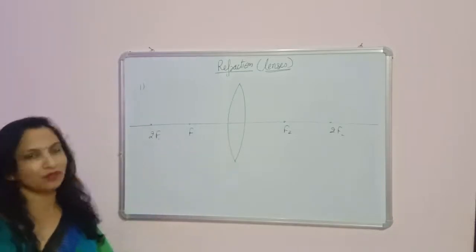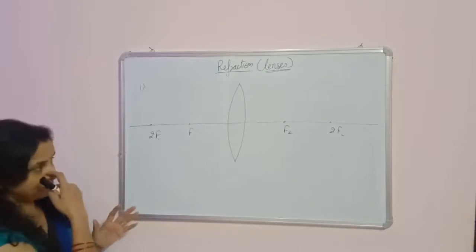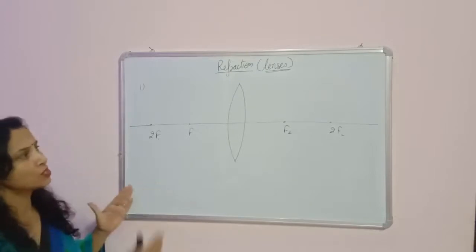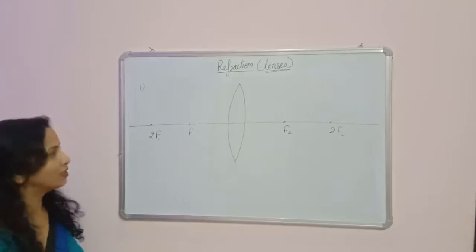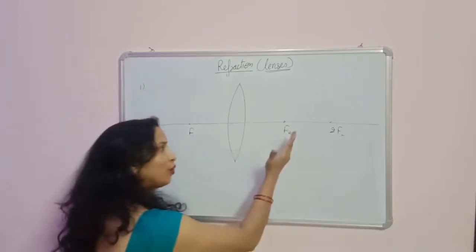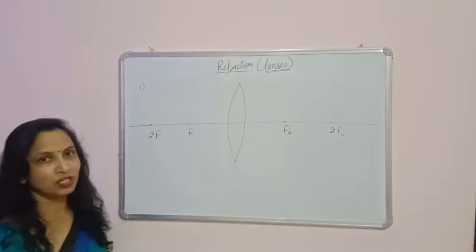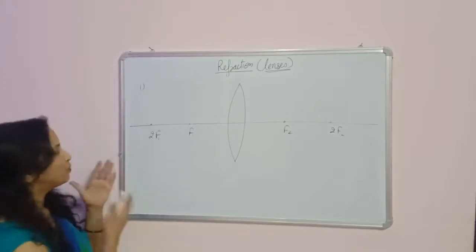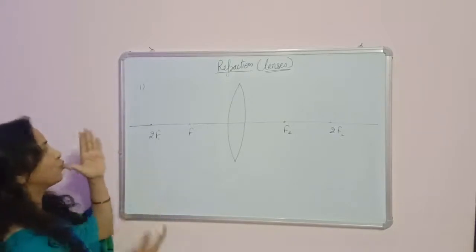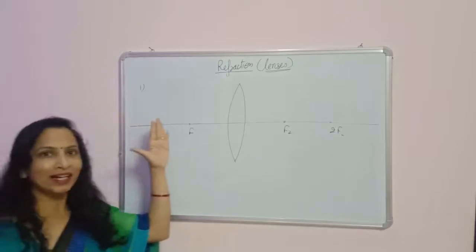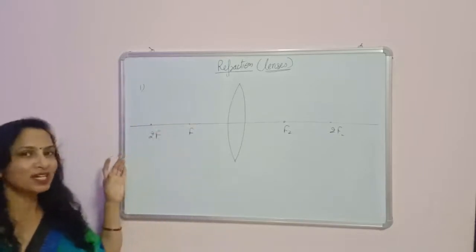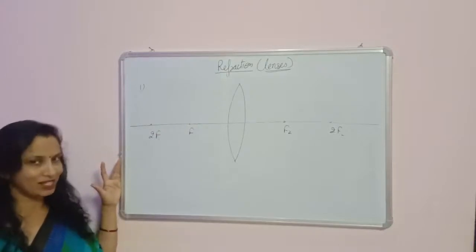This is called 2f. So these are the 2 foci of the convex lens, f1, f2, and I told you earlier that we will use only this focus for image formation, because we always take the object towards the LHS. So it's necessary that you place the object towards the left hand side.